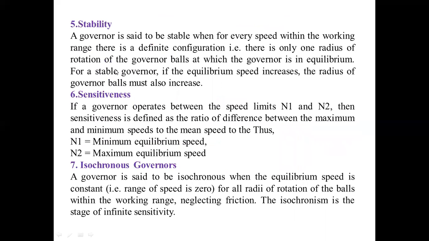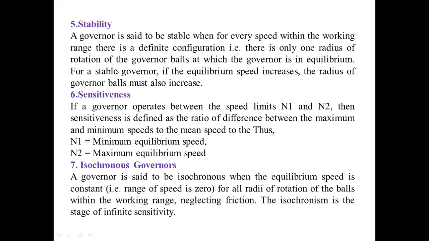Next, stability of the governor. So what is a stable governor? A governor is said to be stable when for every speed within the working range there is a definite configuration. That is, there is only one radius of rotation for the governor balls at which the governor is in equilibrium.